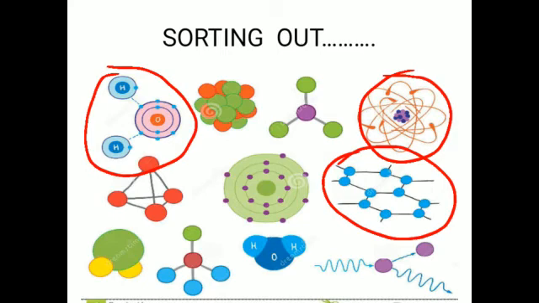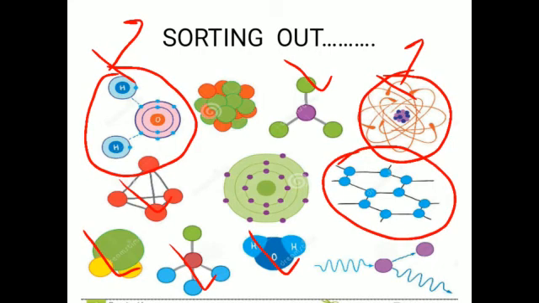So as an atom behaves as a unit, the molecule also behaves as a unit. Can you tell me how many molecules are shown in this picture? Yes, this is also a molecule in which 4 atoms are chemically bonded. Again a molecule, again a molecule, and again a molecule.